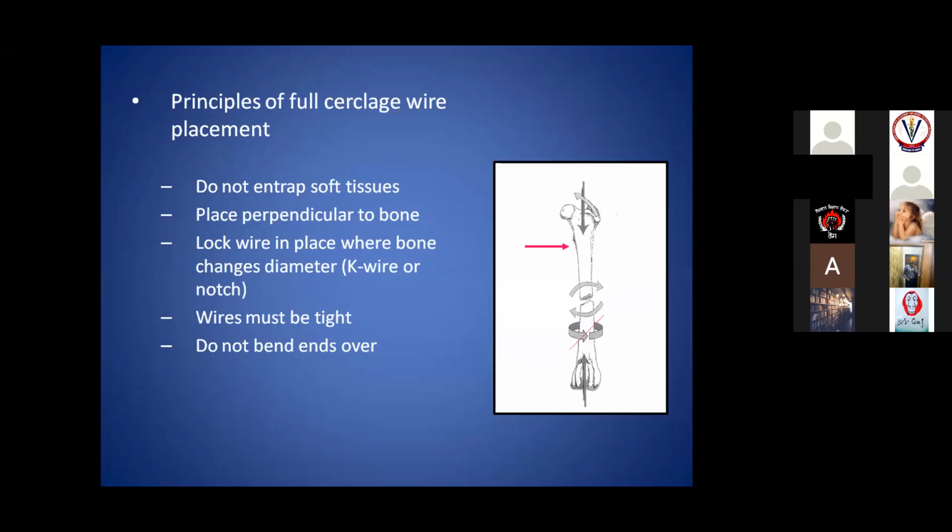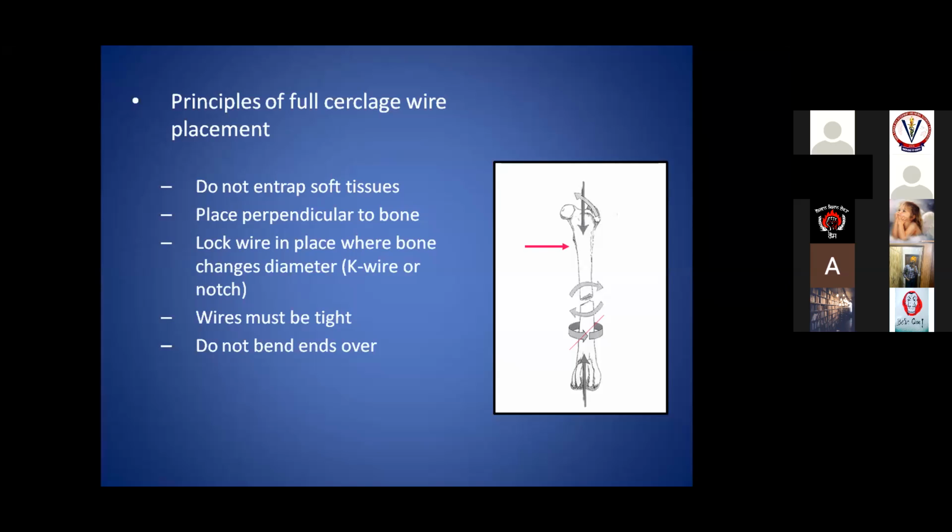Suppose you have done the wiring over a muscle fiber without separating it, entrapping a soft tissue. Then that muscle will undergo avascular necrosis because of the tightening of the wire. So that muscle will undergo atrophy, complete necrosis.